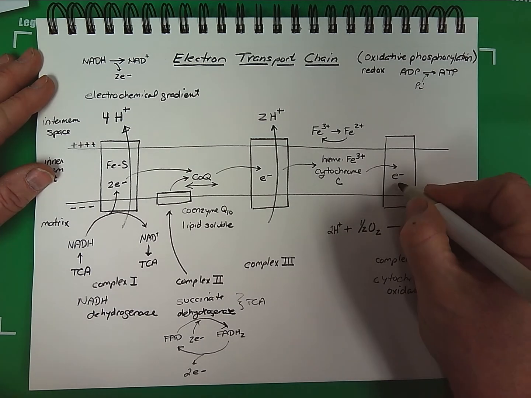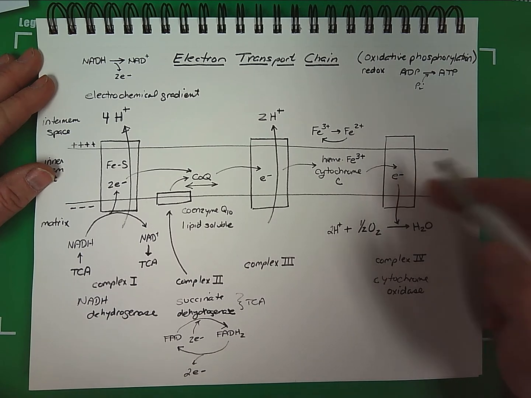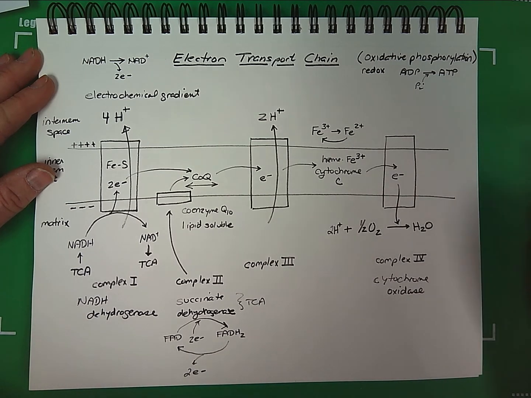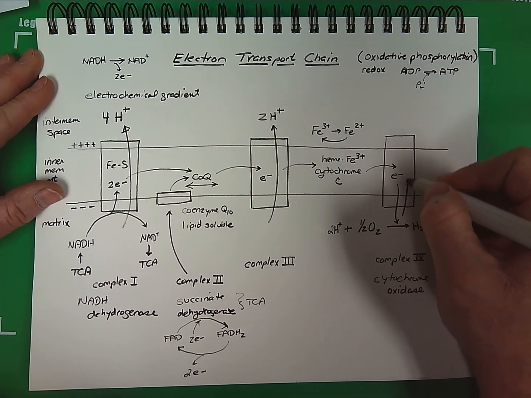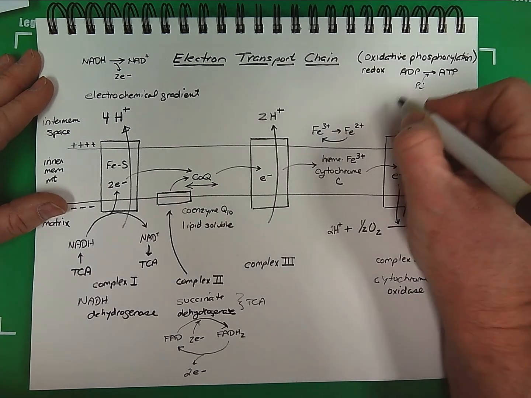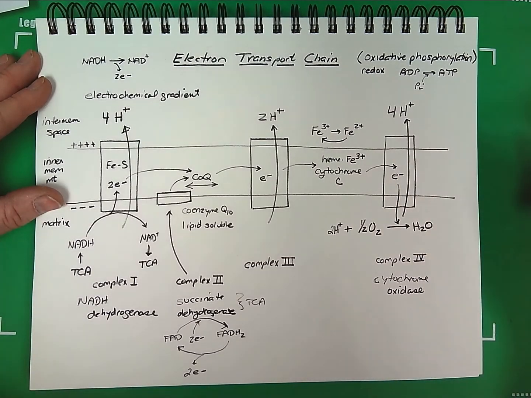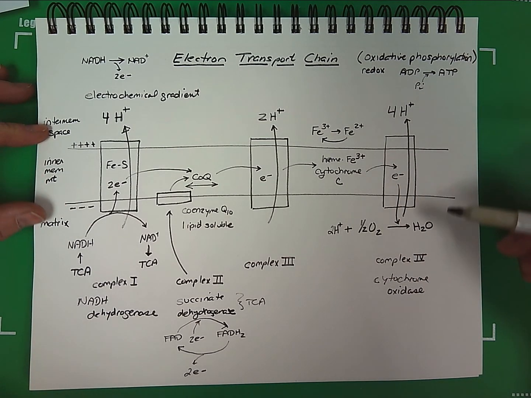This is a transfer of electrons, of course, and so again we're going down an energy gradient. Complex 4 will use this once again to pump more protons, to expand the proton gradient from the intermembrane space to the matrix.